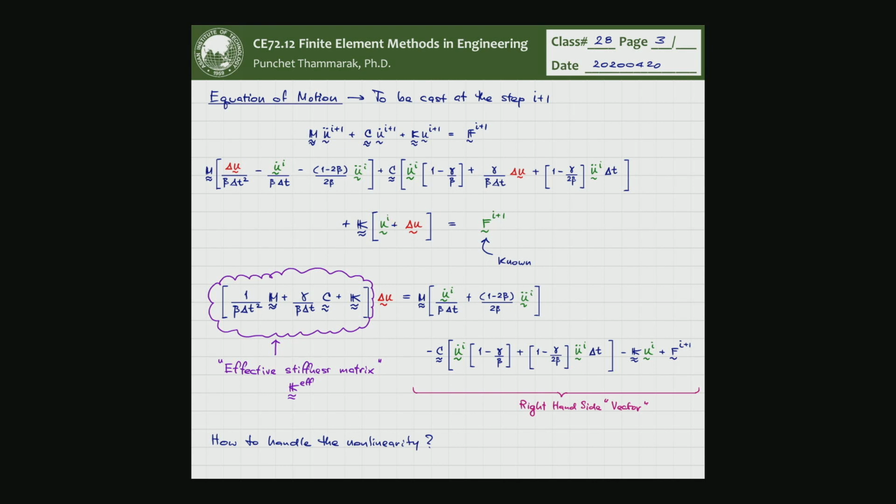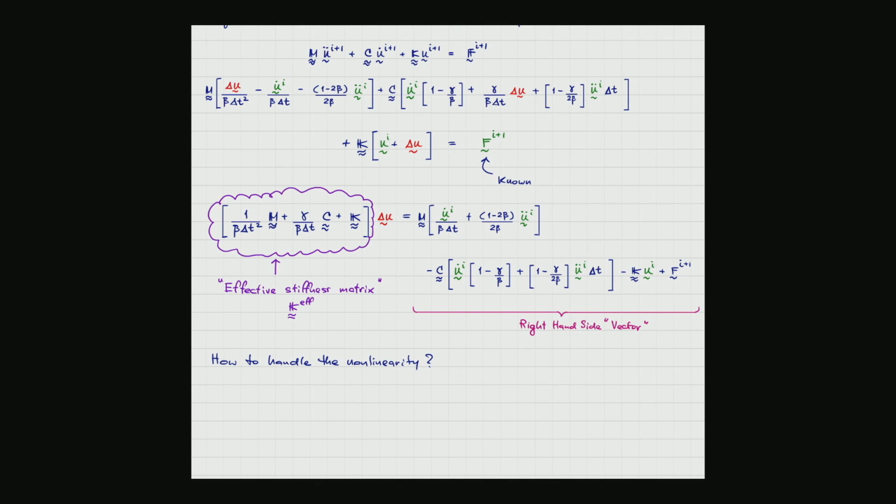How do we rearrange? We rearrange terms such that the delta u stays together, and the other green terms stay together on the different side of the equation. If you have just a dynamic problem, if the system is linear, if your calculation has nothing to do with inelasticity or nonlinearity, you end up with this, and you are good to go from here.